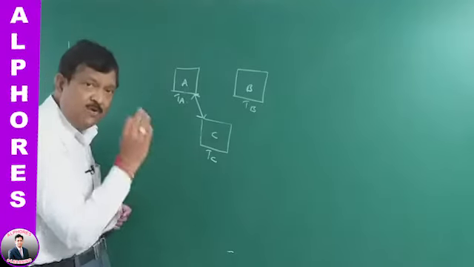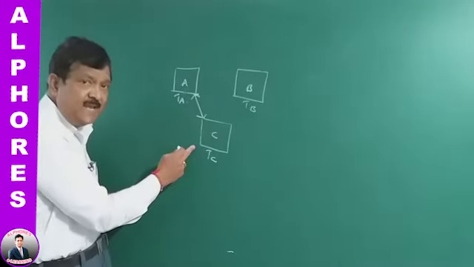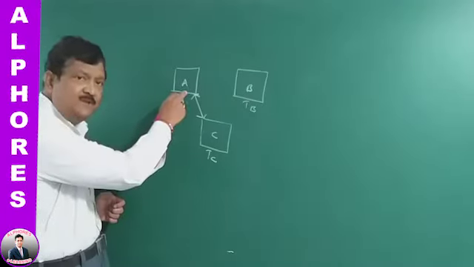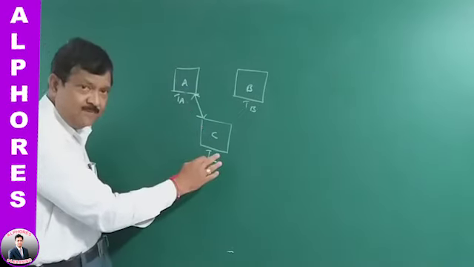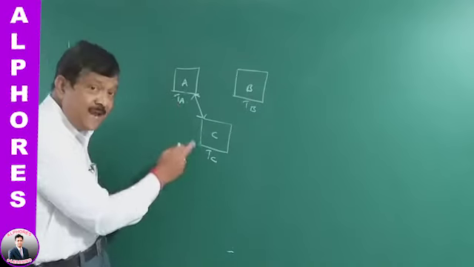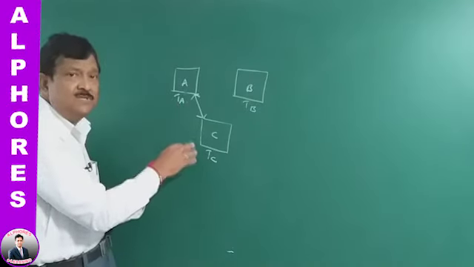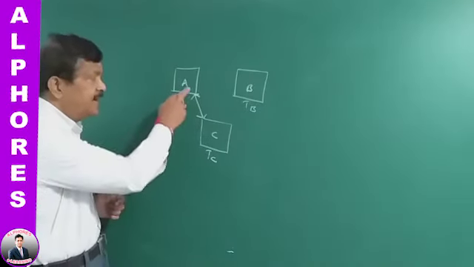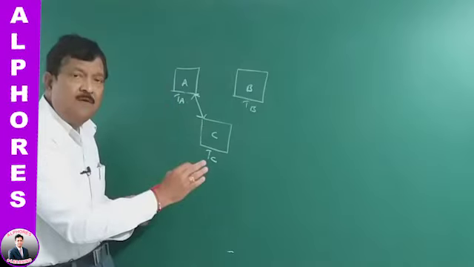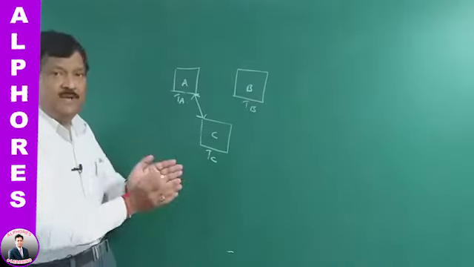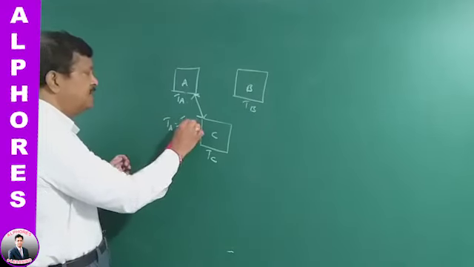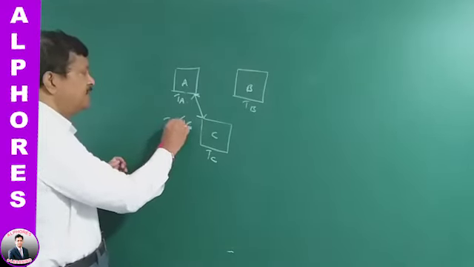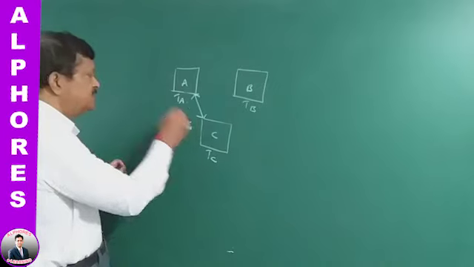That means there will be no transfer of energy from A to C or C to A. That means the temperatures of A and C are equal. So note that. From that, what we can conclude is that temperature of A equals temperature of C.